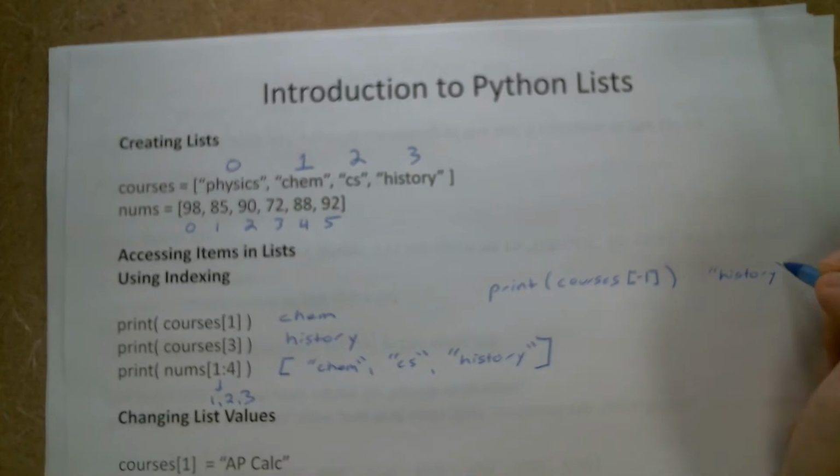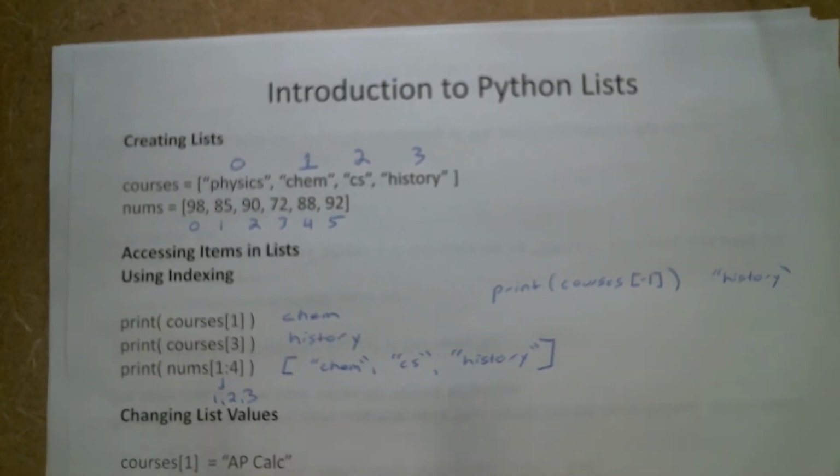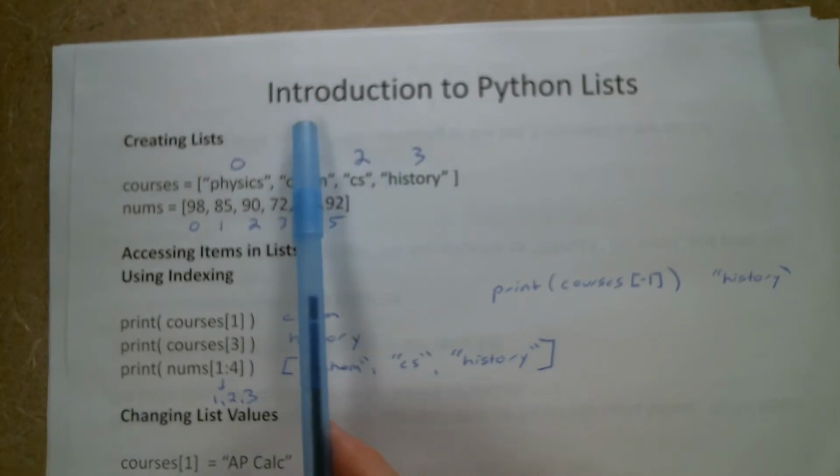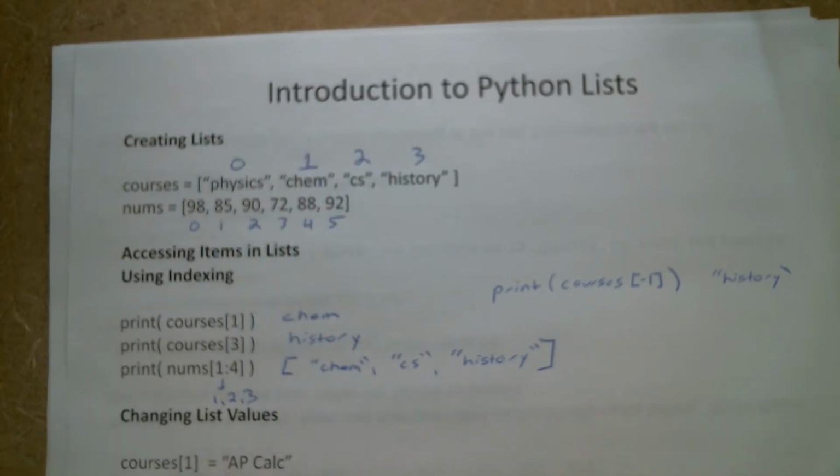So it would start at the back and then go in the other direction. So this would be -1, this would be -2, -3, and -4. Again, a little different, doesn't exist in most other languages that at least I'm familiar with, but negative indexes do work inside of Python.